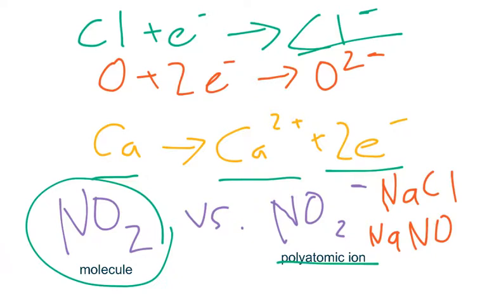But NO2- is a polyatomic ion, since NO2- has 1 more electron than it does protons, and thus a -1 charge. But that doesn't necessarily mean NO2- was formed by adding 1 electron to NO2, as we did with Cl, for example. Sometimes the process is more complicated.